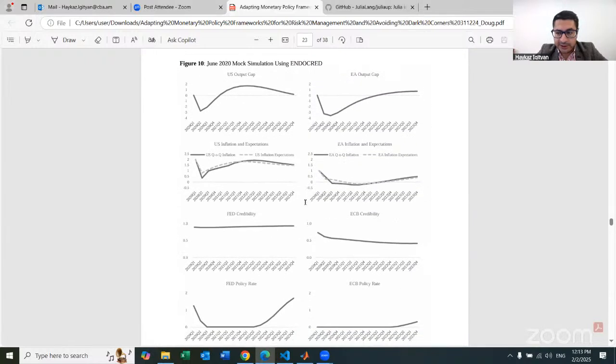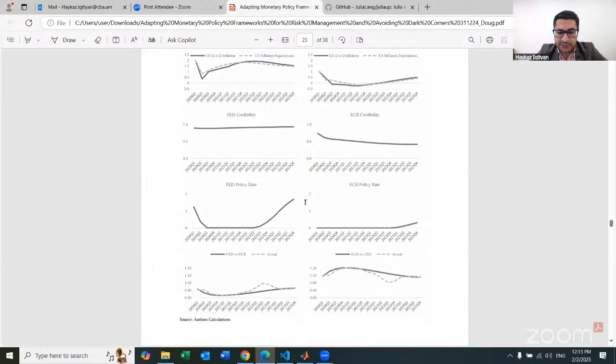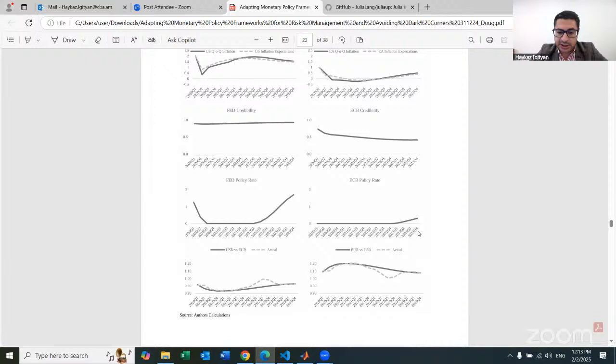which further positively affects inflation and inflation expectations and brings inflation back faster than for the ECB. The ECB keeps the interest rate for a prolonged period of time at the ELB, but the Fed, because of higher credibility and because of conducting the loss function, depreciates the currency and does much better in this situation.